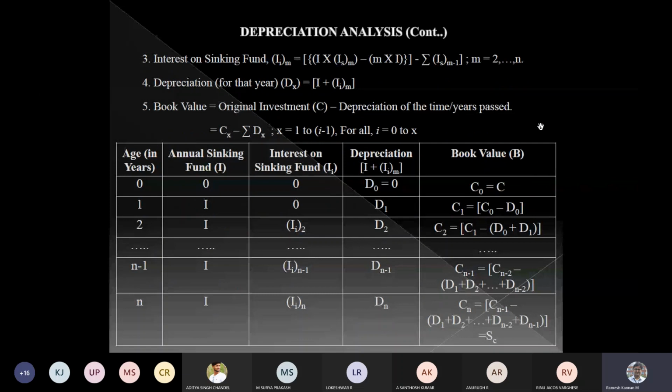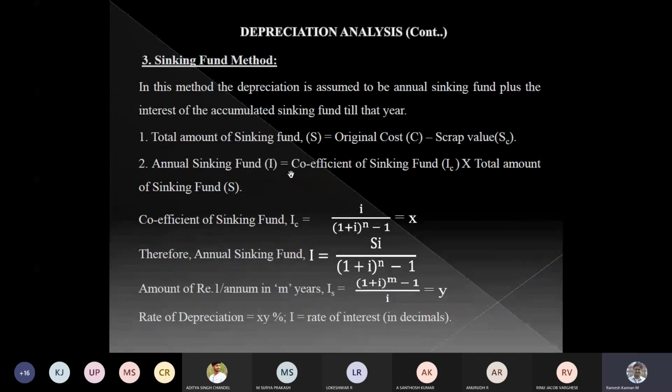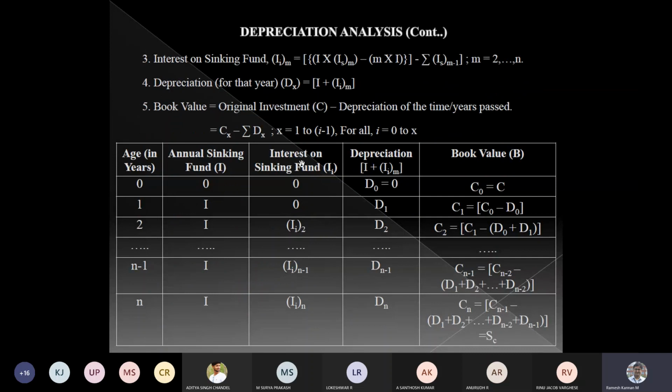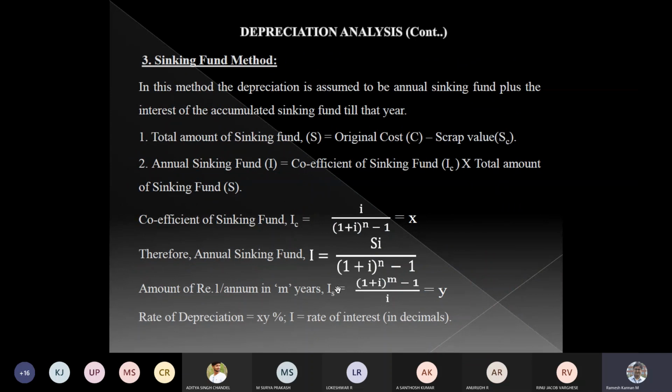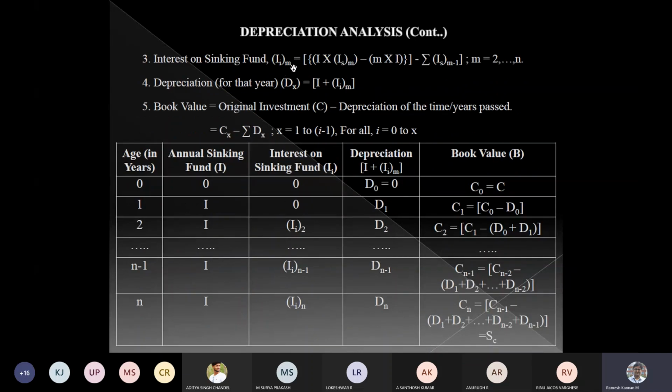Actually, this will be very difficult to understand. So I have created a formula kind of thing. First we'll find the annual sinking fund, which is capital I, the coefficient of sinking fund multiplied by the total sinking fund. Then we'll find the interest on the sinking fund, II, for a particular year.